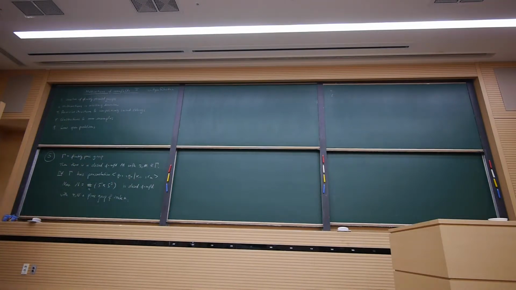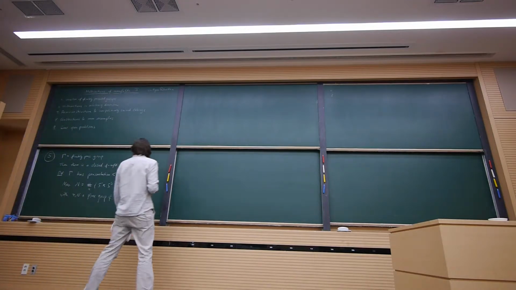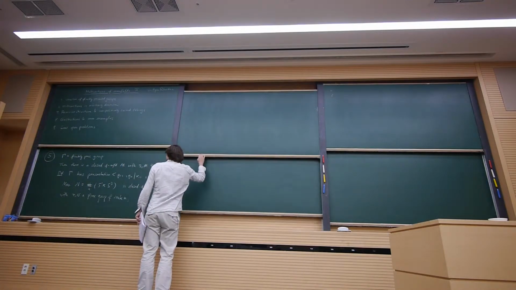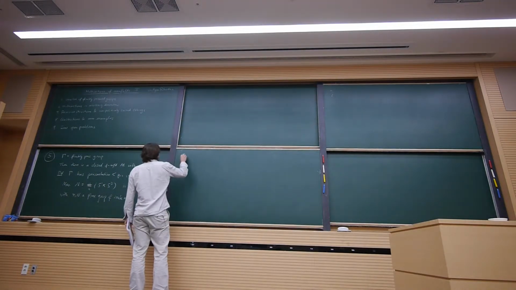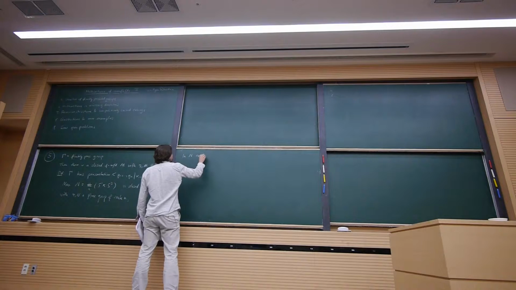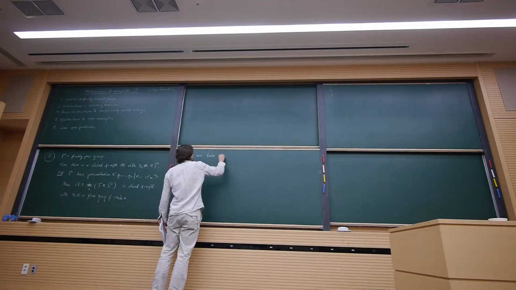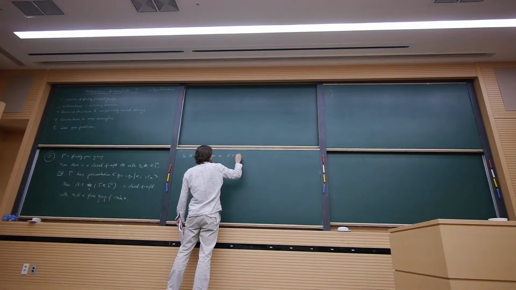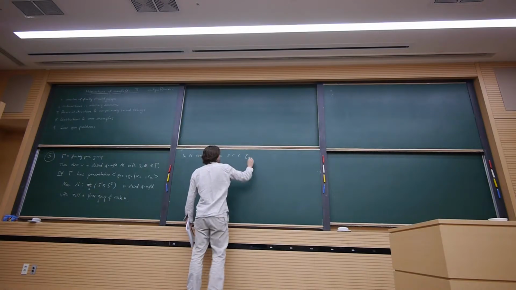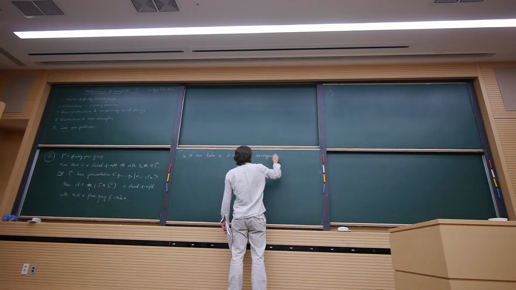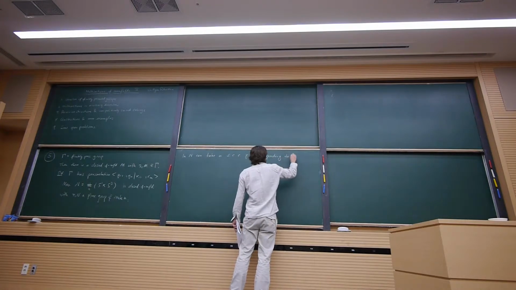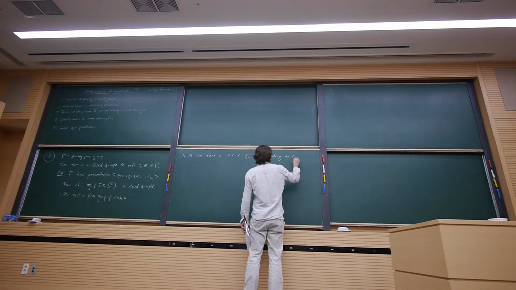So just take simple closed loops corresponding to these relators in N. So in N we can take a simple closed curve gamma i corresponding to Ri.